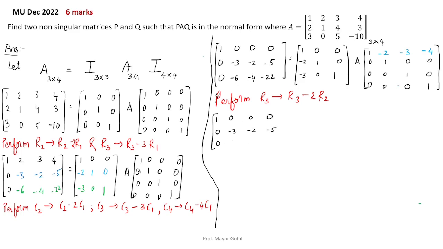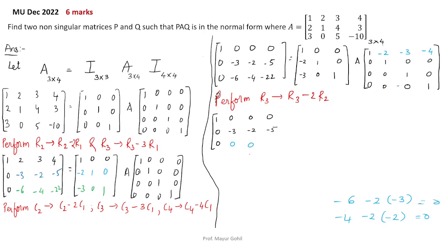Let us do the rough calculation here a bit. So minus 6 minus 2 of minus 3, so that is 0. Then there is minus 4 minus 2 of minus 2, that is again 0. Okay, these all are zeros.